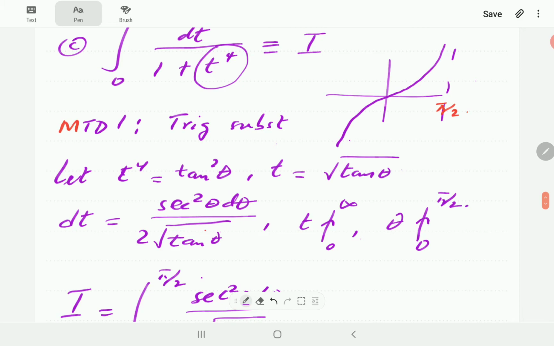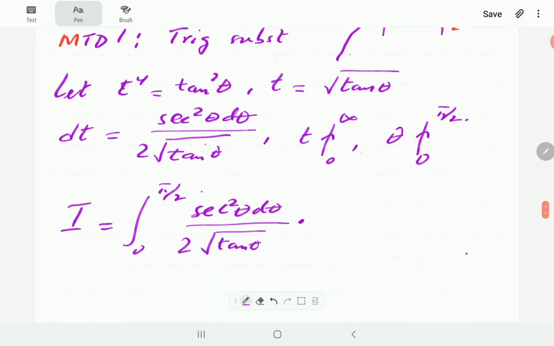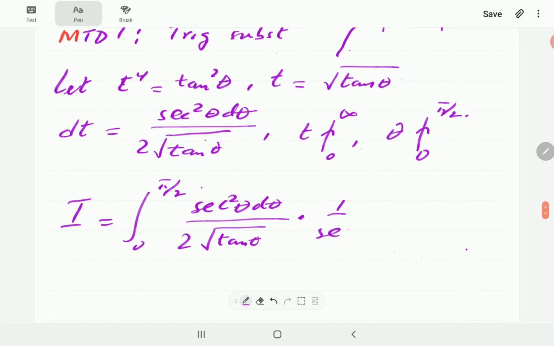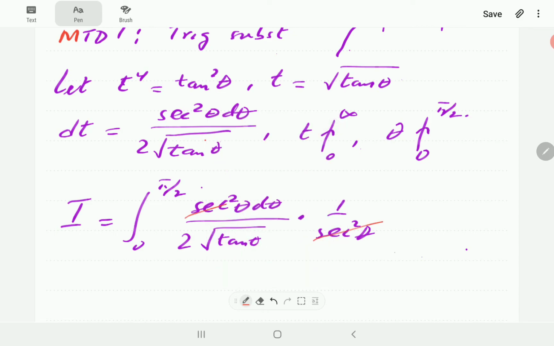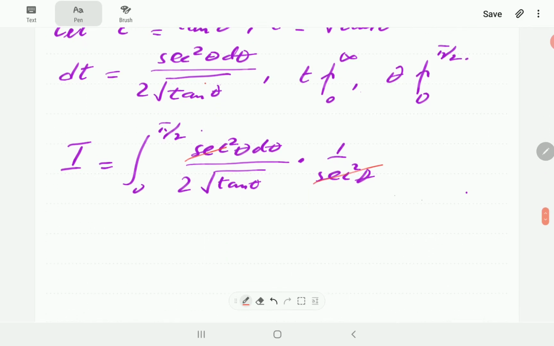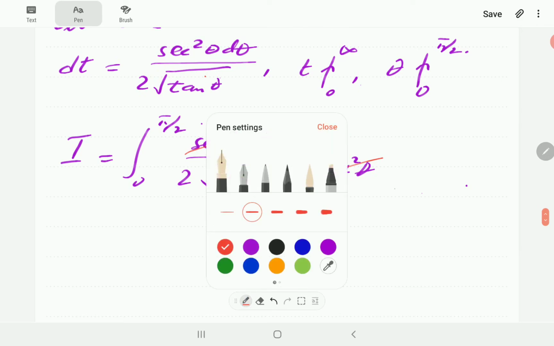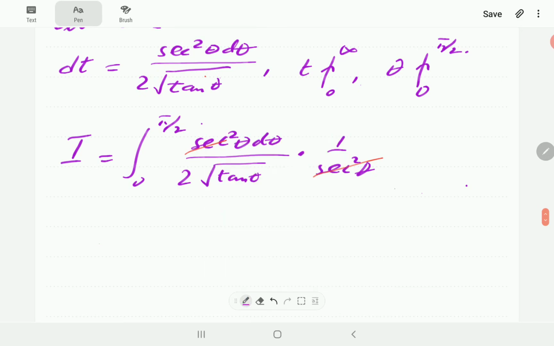Then in this denominator here we have 1 plus tangent squared theta, which is just secant squared theta. So what's going to happen is that this term is going to cancel out, and then we're going to write the remaining term in terms of sines and cosines.